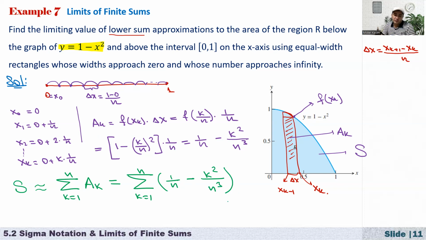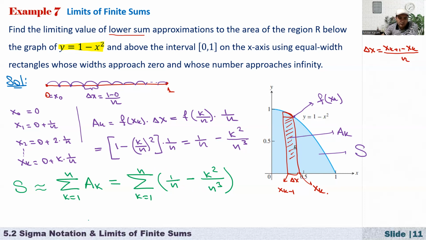And now using the skill, we have just done a few examples about using the sigma notation, I am going to evaluate this one. Now I assume that as I increase the value of n, which means as n goes to infinity, it gives us better and better approximation of the area of the shaded region enclosed by the graph of this function and the x-axis and y-axis, right?